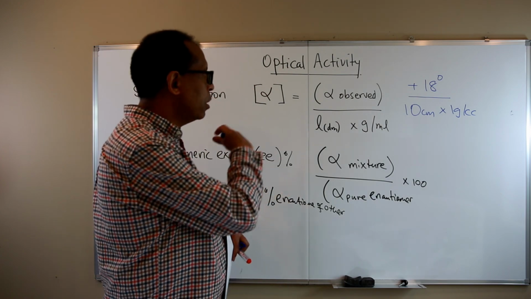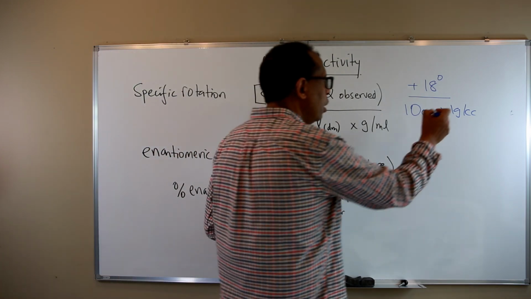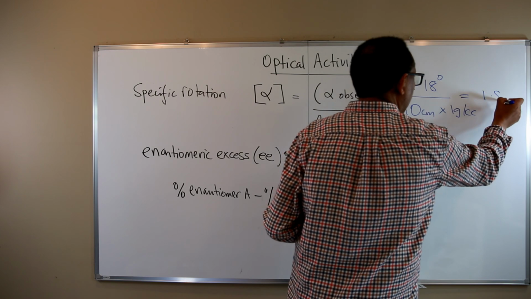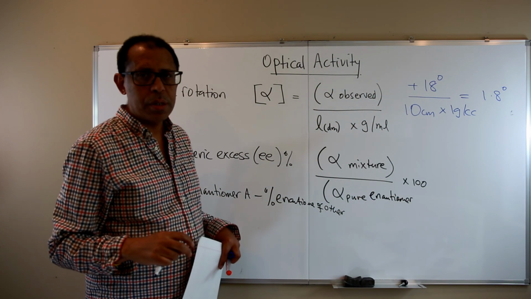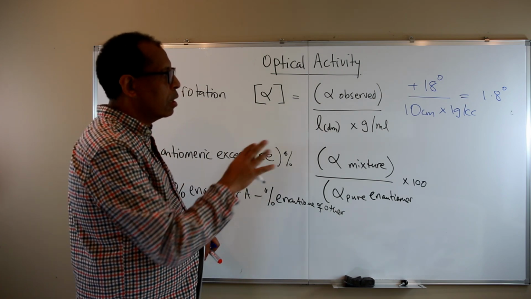So the specific rotation for this sample would be 1.8 degrees per gram per cc. So that's the specific rotation.